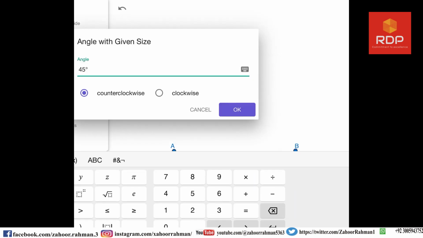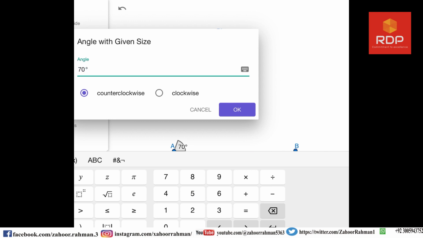Now the next job is to draw at point A the angle 70. So let's do it. I am selecting this angle, and here I am drawing it with the 70 degree, and that will be counterclockwise. So that is A B dash. Now ladies and gentlemen, let us draw at B the angle 40 degree.